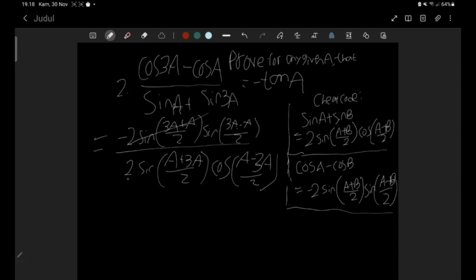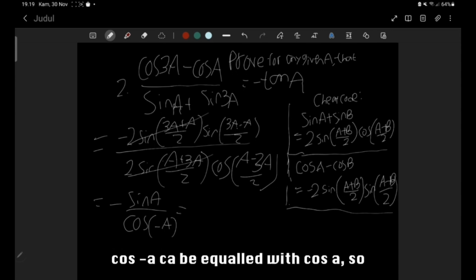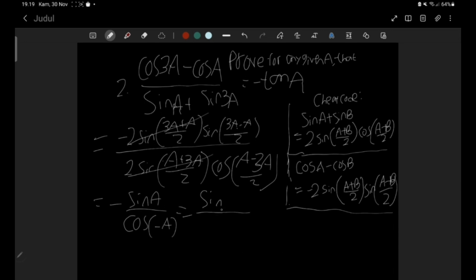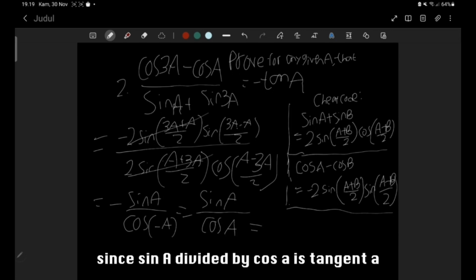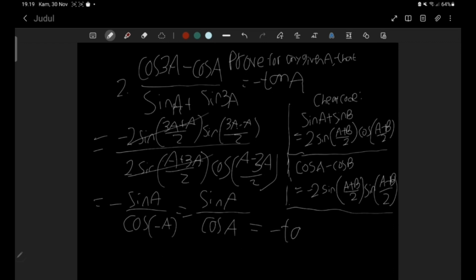We can just eliminate both of these and we'll be left with minus sine a divided by cos minus a. Cos minus a is equal to cos a, so we'll be left with minus sine a over cos a. Since sine a divided by cos a is tangent a, we'll be left with minus tan a. And therefore, this is proven.